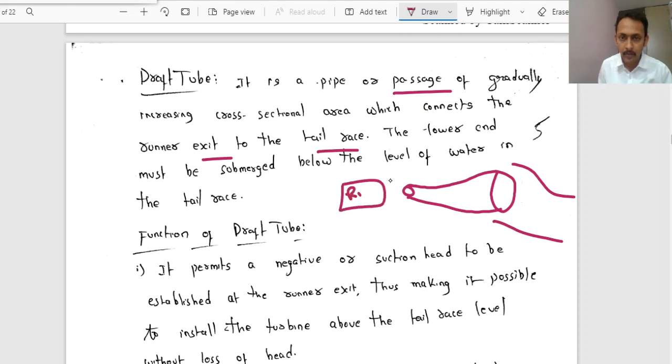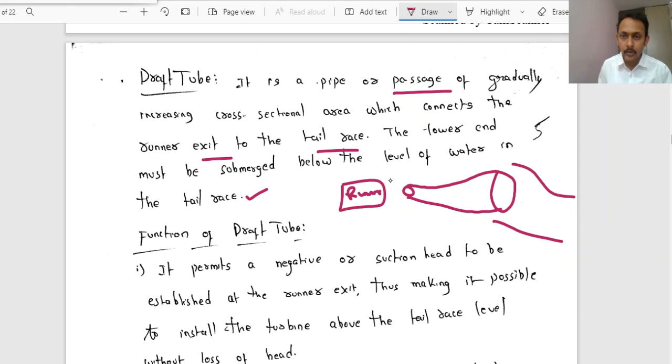If you have the runner, its exit will be connected to the tail race with the help of this draft tube. And one very important thing is that the lower end of the draft tube must be submerged below the level of the water in the tail race. It should not be exposed to the outside.